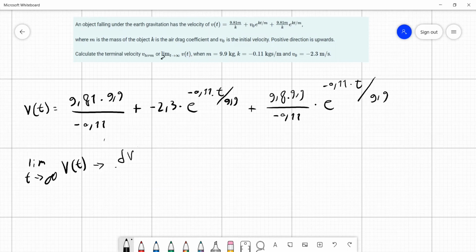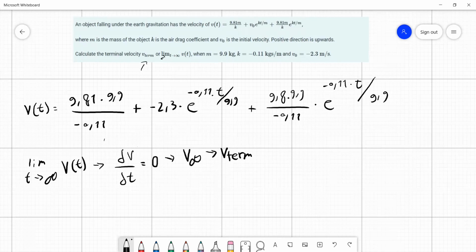The derivative of vt when it's constant is just 0. When it's constant, there is no change, which means that the velocity has reached its terminal velocity. That is equivalent to v infinity, which is equivalent to v terminal, as mentioned in the question over here.